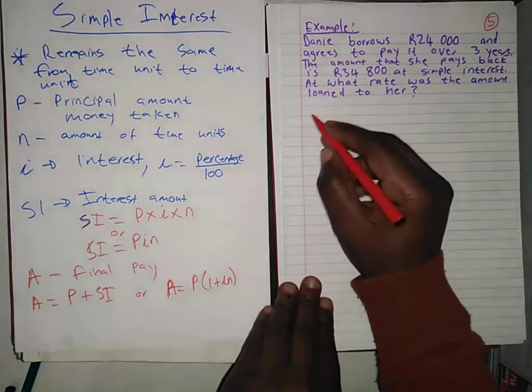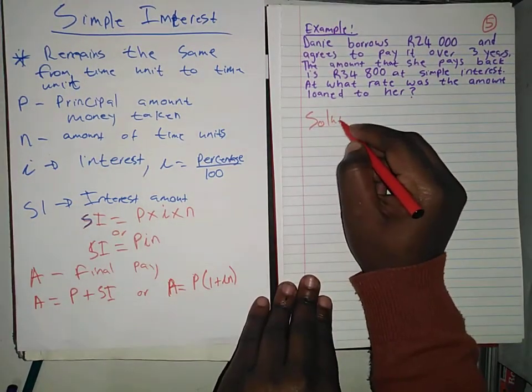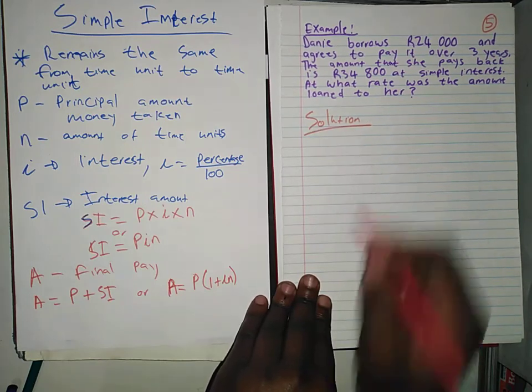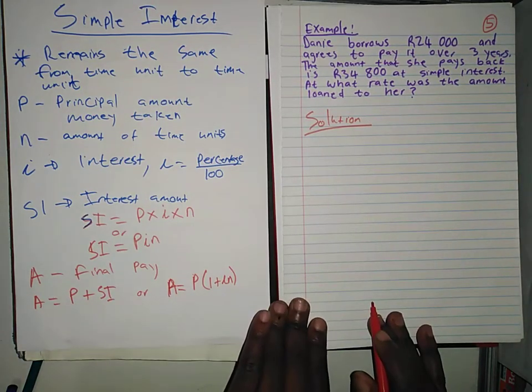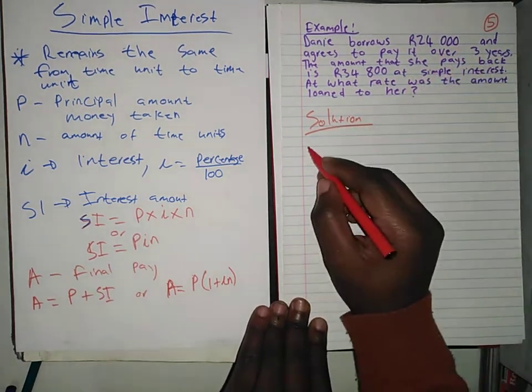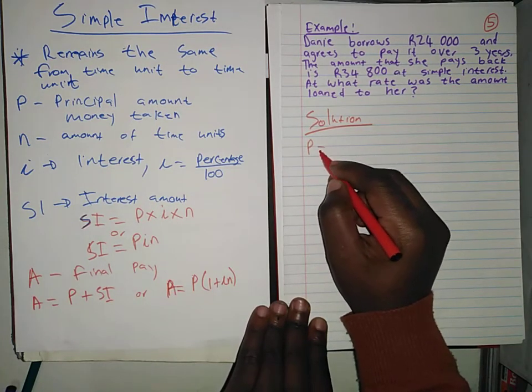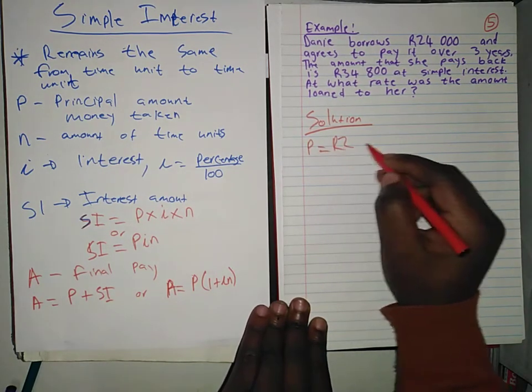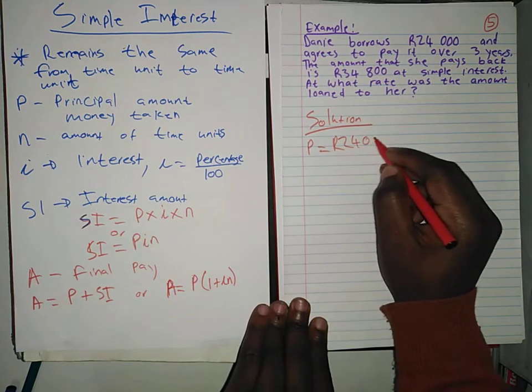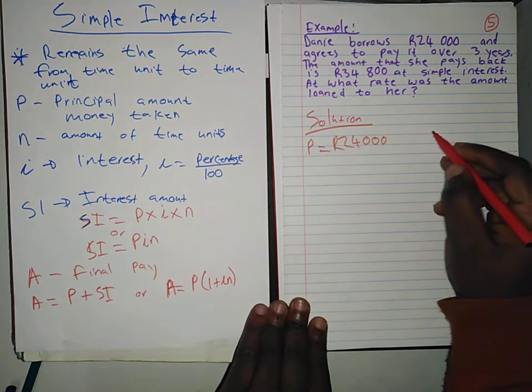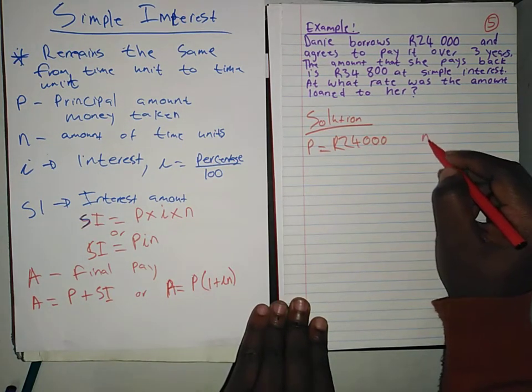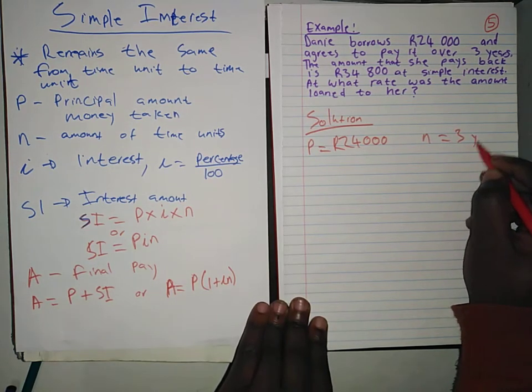Okay, so solution. What do we have? Capital amount P, which is 24,000 rand. Time is 3 years.